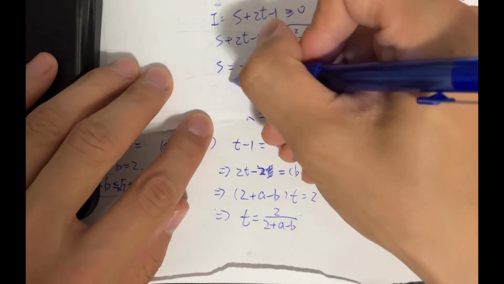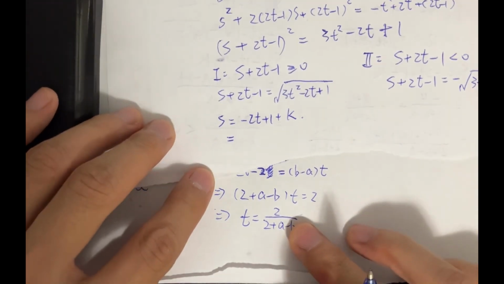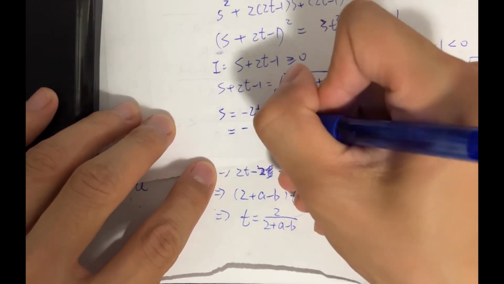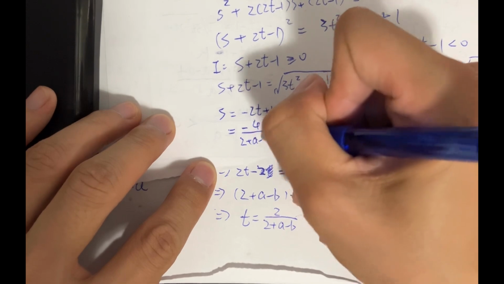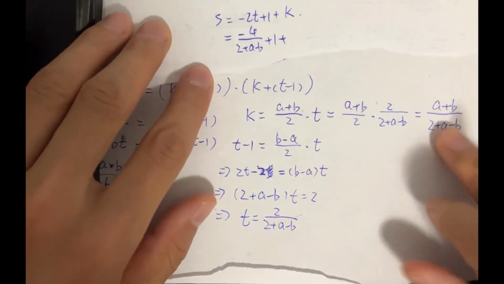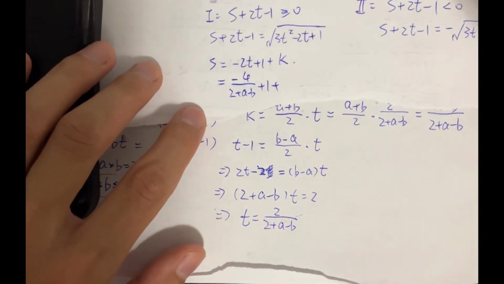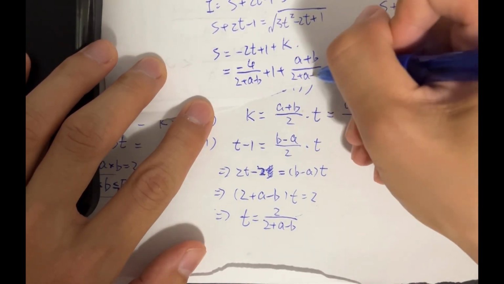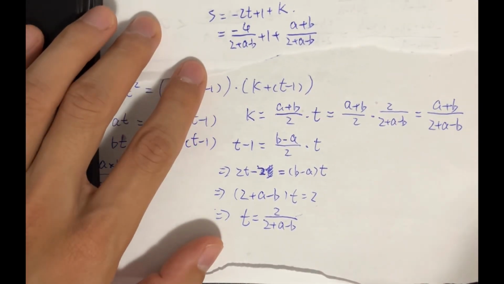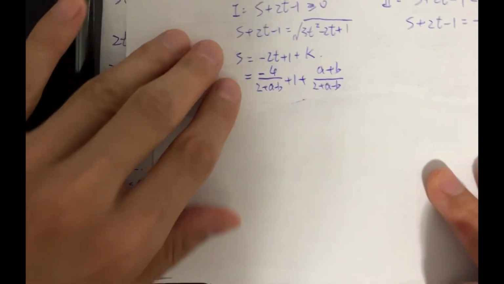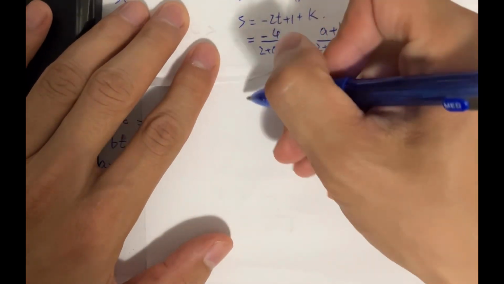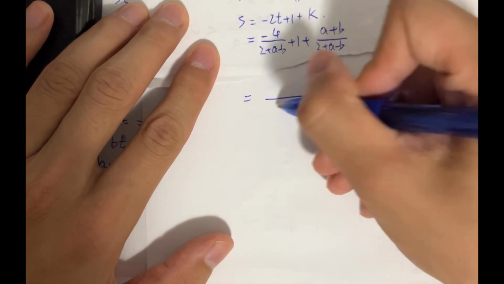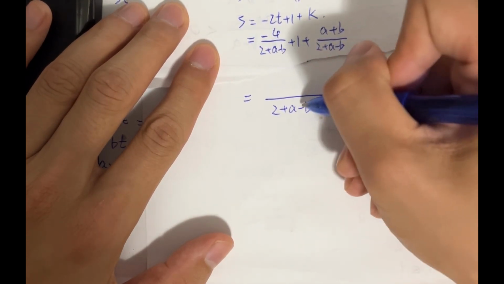Okay, what's that? I'll just plug this in. Negative 4 over 2 plus a minus b plus 1 plus k. What is k? Here we've got k, okay, which is good. A plus b over 2 over a minus b. Okay, and now I need another sheet of paper to move on and put everything together.